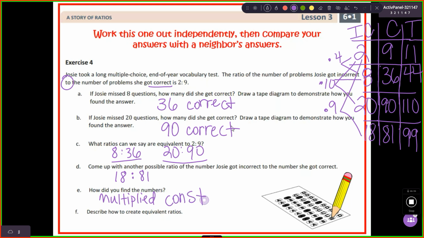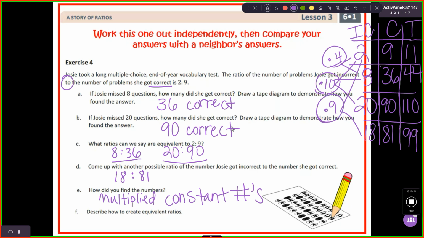And those constant numbers, I'm going to abbreviate because we want to be fast and efficient in math. The first constant number was to multiply by 4. The next constant number was to multiply by 10, and then our next constant number that we multiplied by was 9.